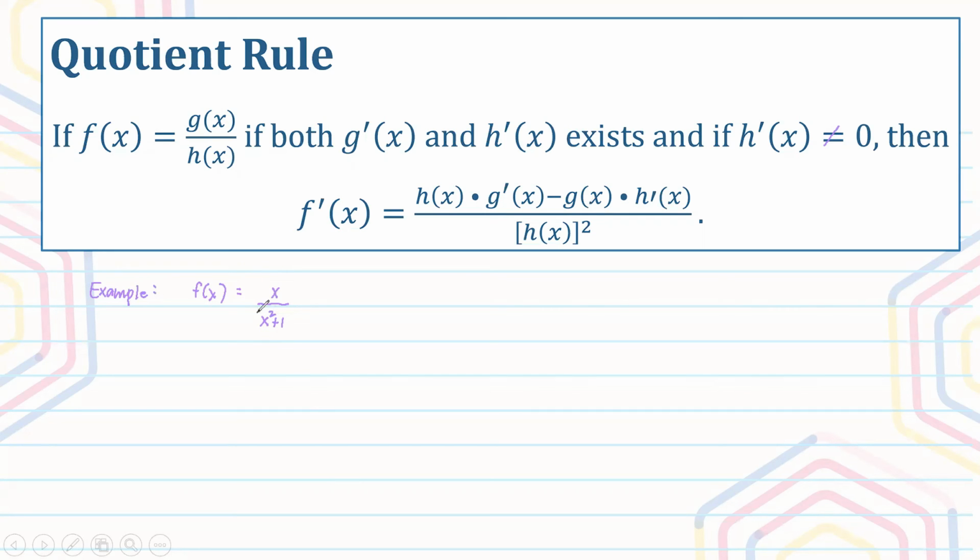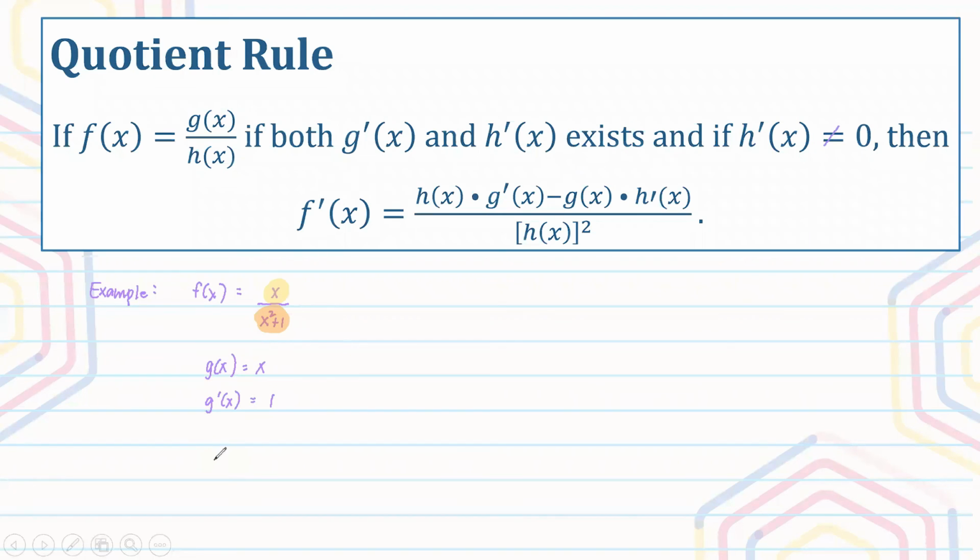All right, here in our example, our g of x is equal to x. So we have here g of x is equal to x. So the derivative of g of x is just equal to 1. Next, let's have the h of x. Our h of x here is x squared plus 1.